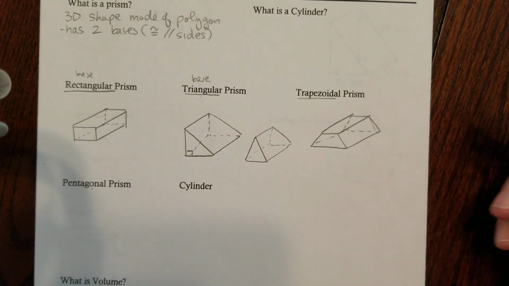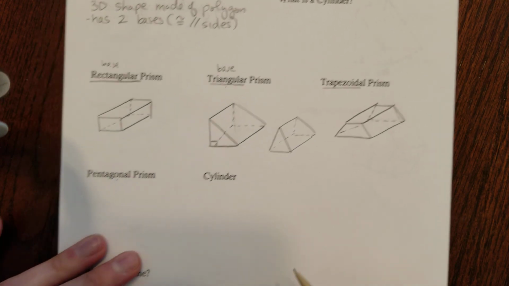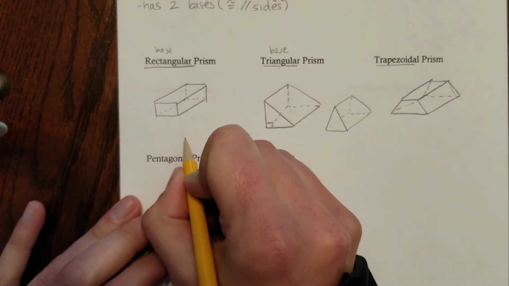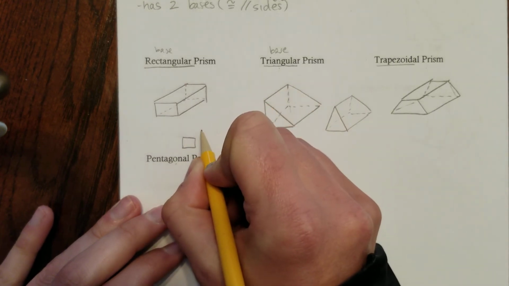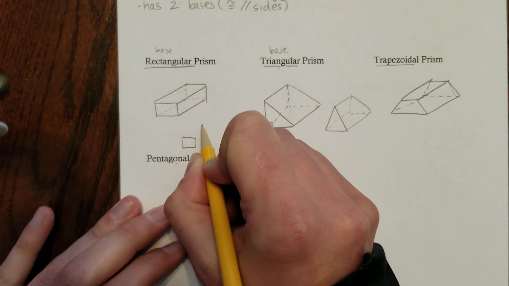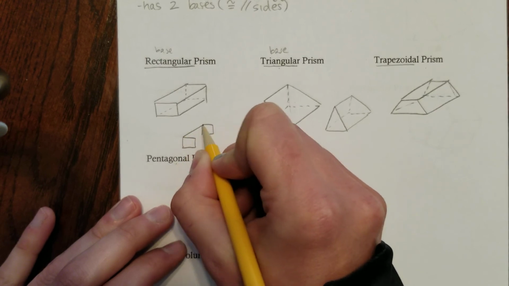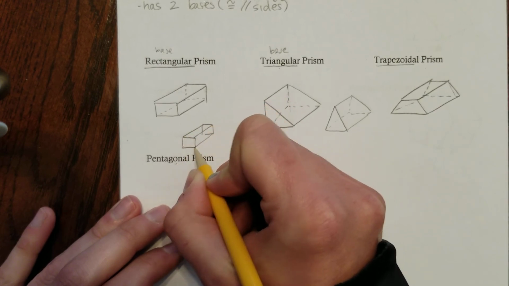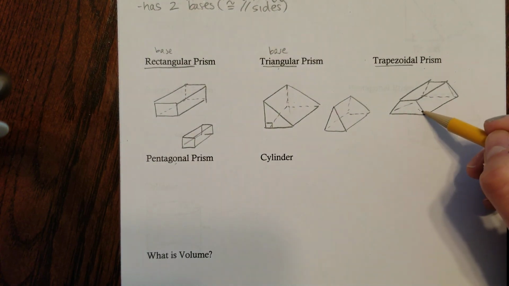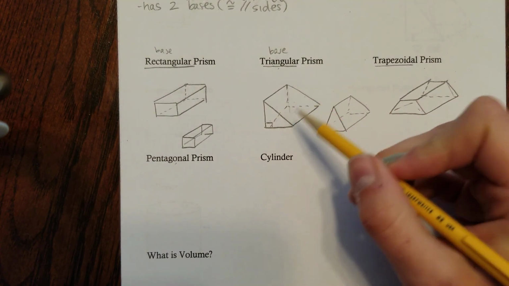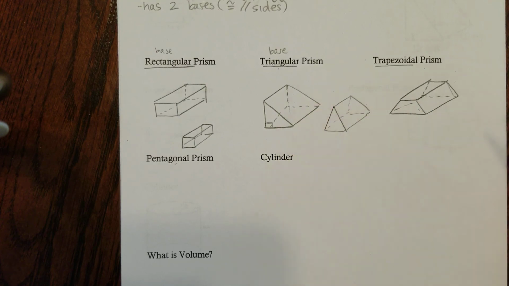Another way that you can draw them, which is what my mom used to teach me when I was a little kid, is you draw one of your bases, draw the other base up into the right-ish, and then just connect all the corresponding corners, and that will also help you. That'll work for any of these if you just draw them a little offset of each other and then connect them all.